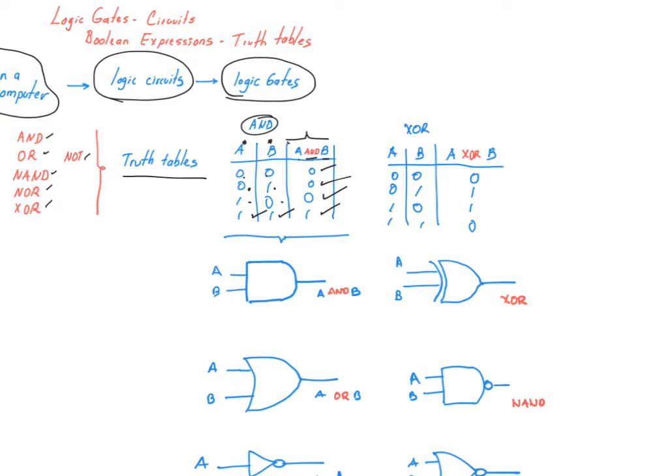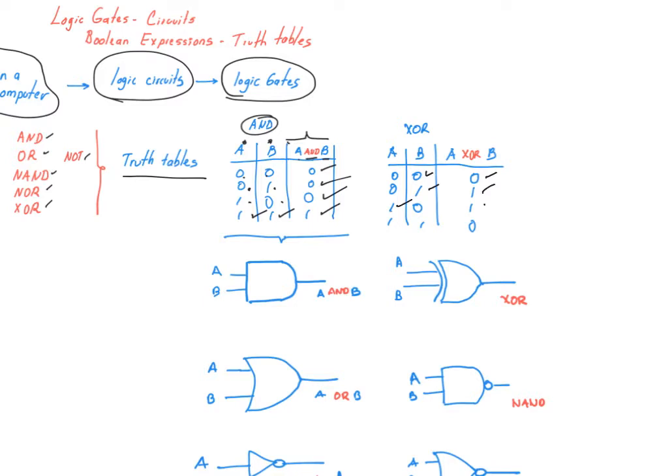Now, XOR, it's another one that we saw, and it's one of the basic ones. Basically, it should be one or the other, but not both, right? One or the other should be true, but not both. So if both are false, it's false. If one is true, then it's true.